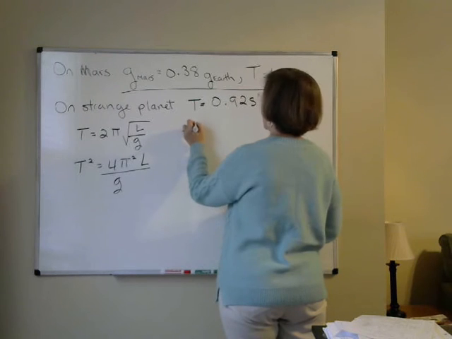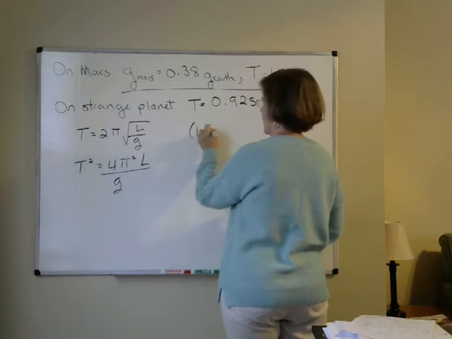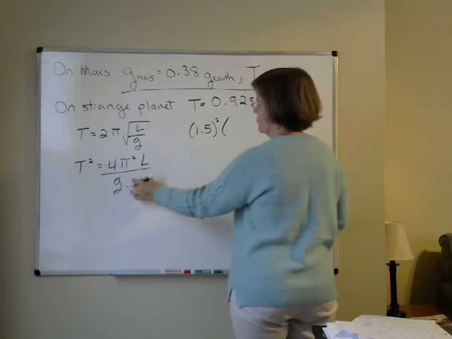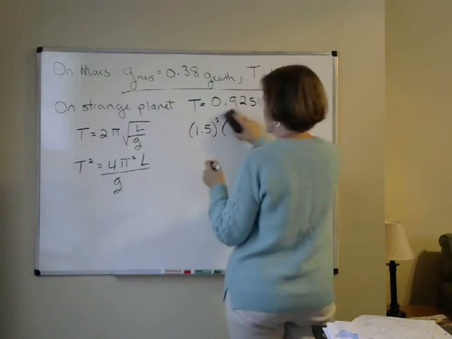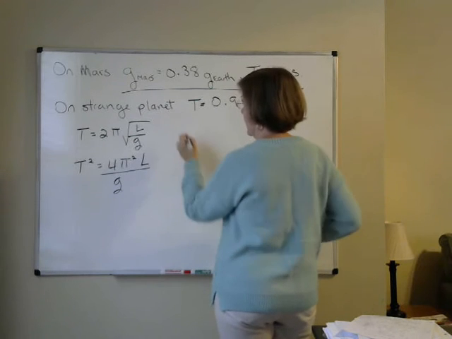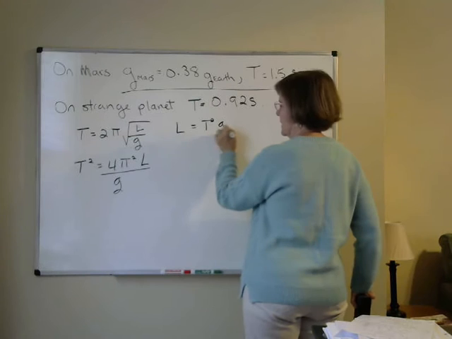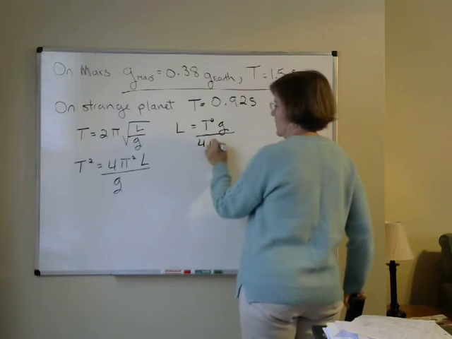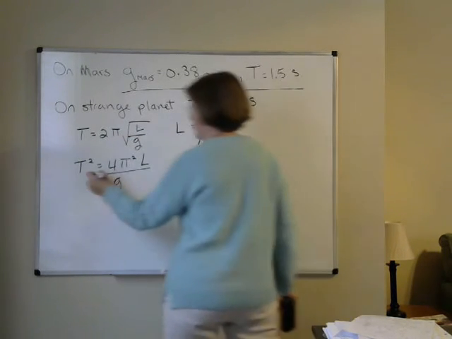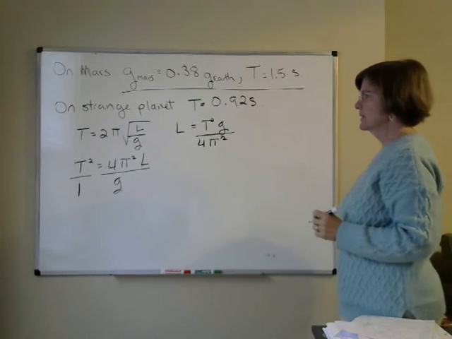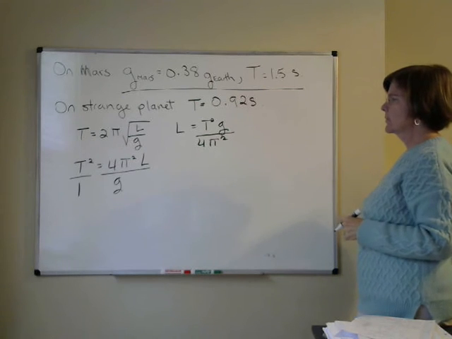So I'm going to have 1.5 seconds squared times G. Let's finish solving this and then we'll plug it in. I want L. L is going to be T squared G over 4 pi squared. Just cross multiply that if you need to get that straight.